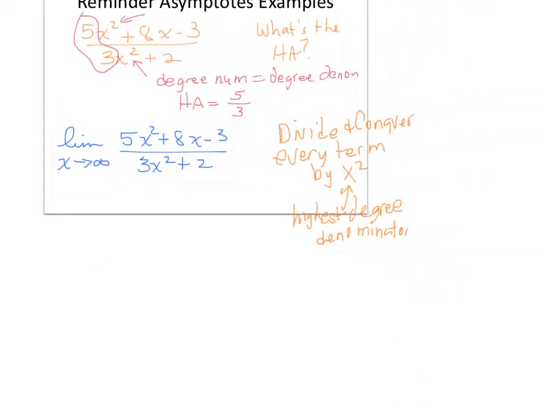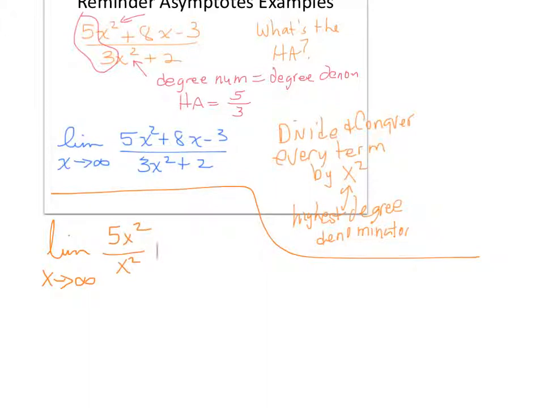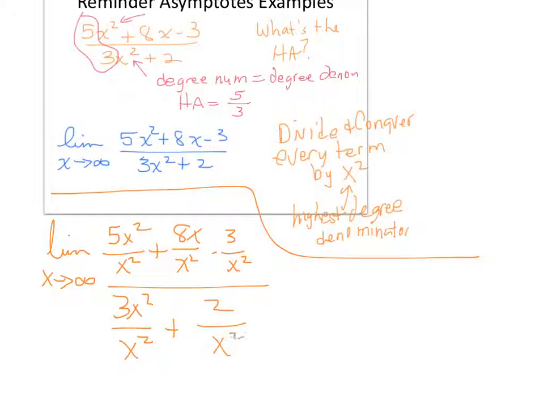I'm going to take each one of these and say, okay, the limit as x goes to infinity of 5x squared over x squared plus 8x over x squared minus 3 over x squared, all over 3x squared over x squared plus 2 over x squared.